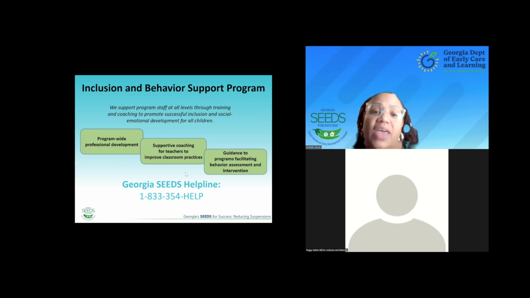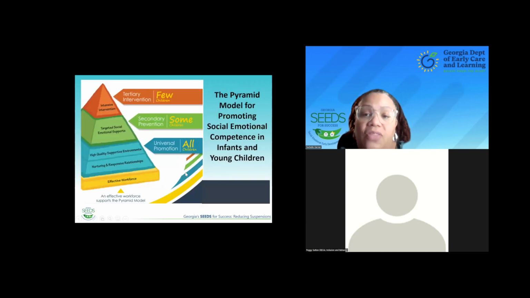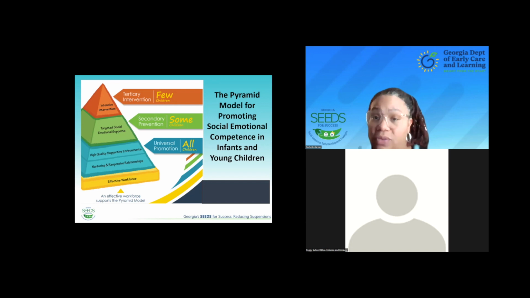So let's start by taking a look at the pyramid model. The development of the Georgia Social Emotional Early Learning Strategies, early development strategies for success, or the SEEDS program, is based on a framework of practices. The pyramid is a conceptual framework of evidence-based practices for promoting young children's healthy social and emotional development. The pyramid model provides guidance for early childhood professionals, early intervention personnel, families, as well as other professionals.